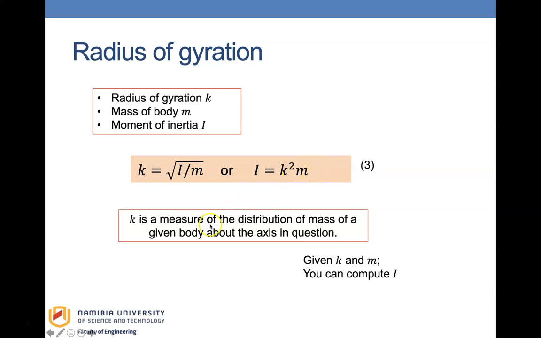Therefore, k is the measure of the distribution of mass m of a given body about the axis in question. If all the mass m of a body could be concentrated at a distance k from the axis, the moment of inertia would be unchanged. If in a problem you have the mass and the radius of gyration, you can easily compute the moment of inertia using equation 3.